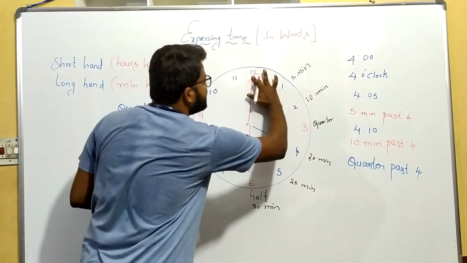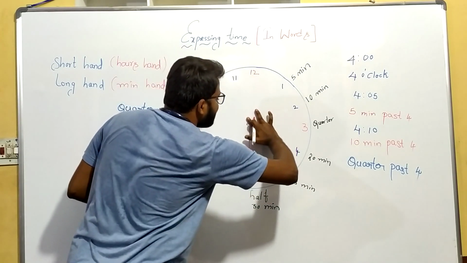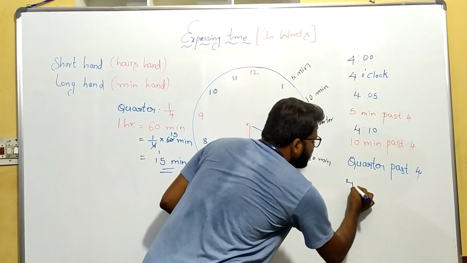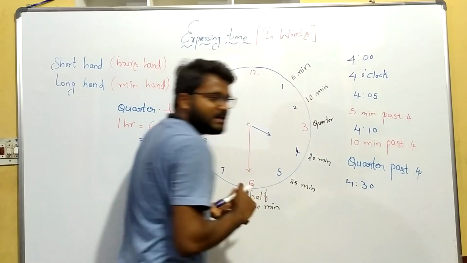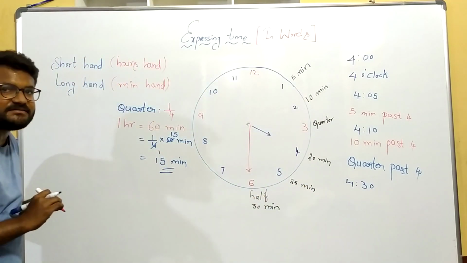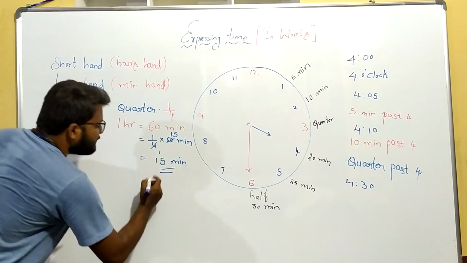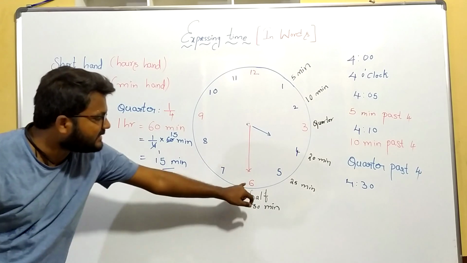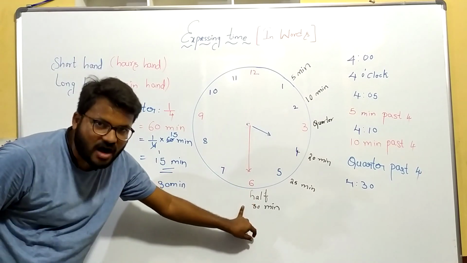Now when the long hand shows 6 here, see, what is the time? 4:30, right? So half of 60 is what? 30. Very good. Half of 60 is 30 minutes, right? So I represented this 30 minutes as half.